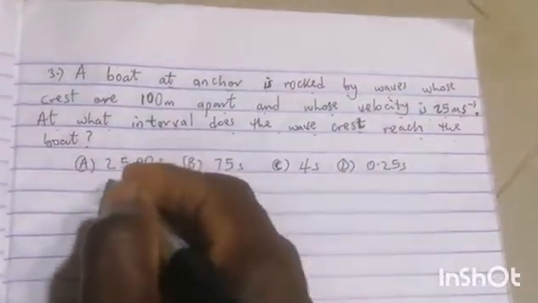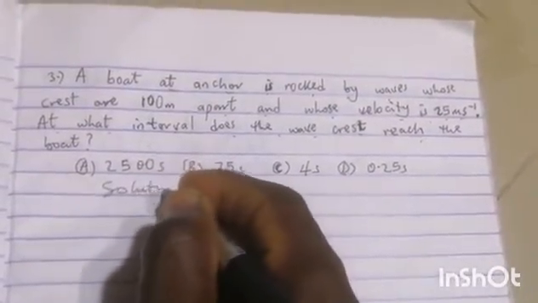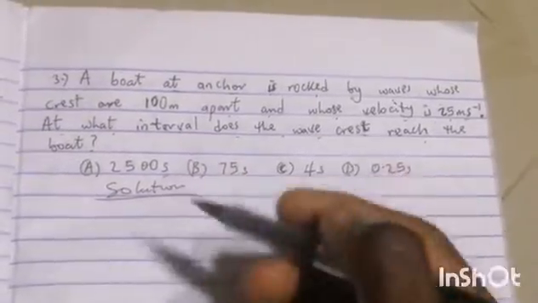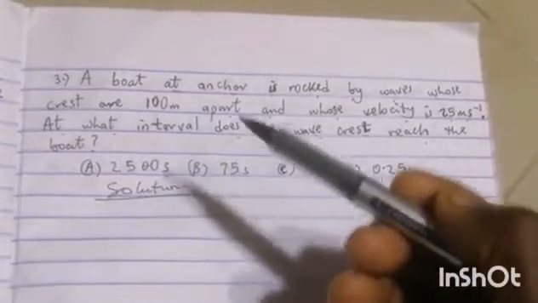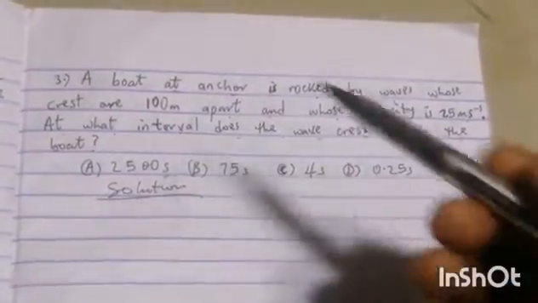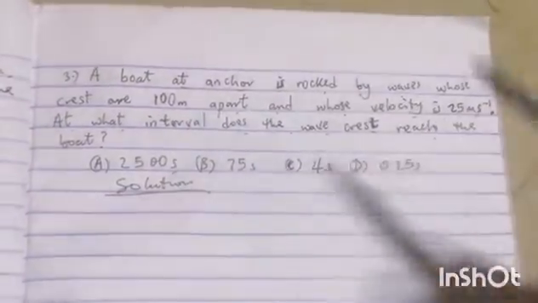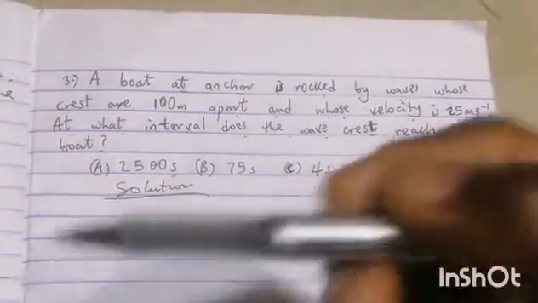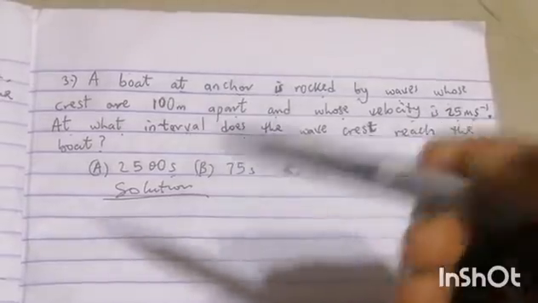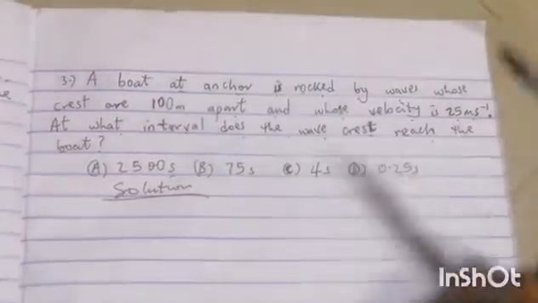So, try to remember the definition of your wavelength. The wavelength is defined as the distance between two successive crests or two successive troughs, or is the distance covered in one oscillation or in one cycle.